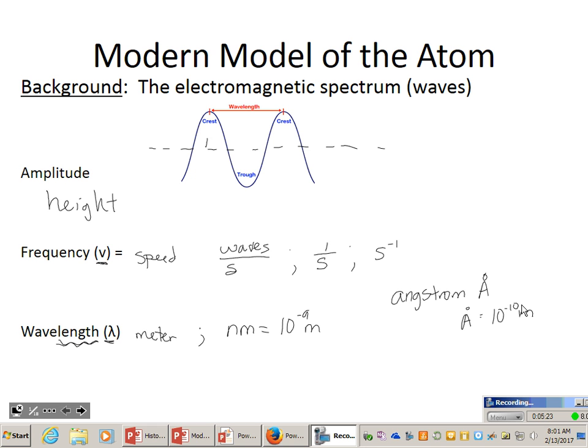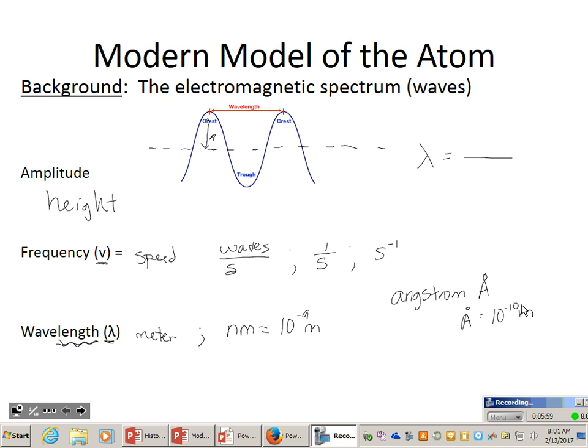So we have wavelength, the amplitude of the wave, which we're not going to look too much at, and then the frequency. Now from the spring demonstration, when wavelength decreases, what happens to the frequency, or the speed of the wave? So smaller wavelengths mean what about the wave? It's going faster.